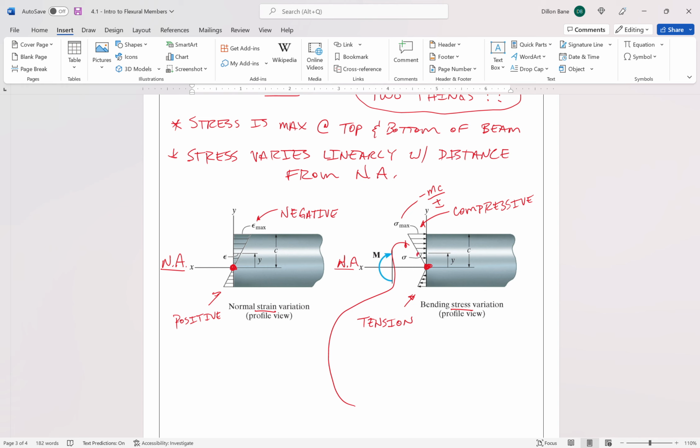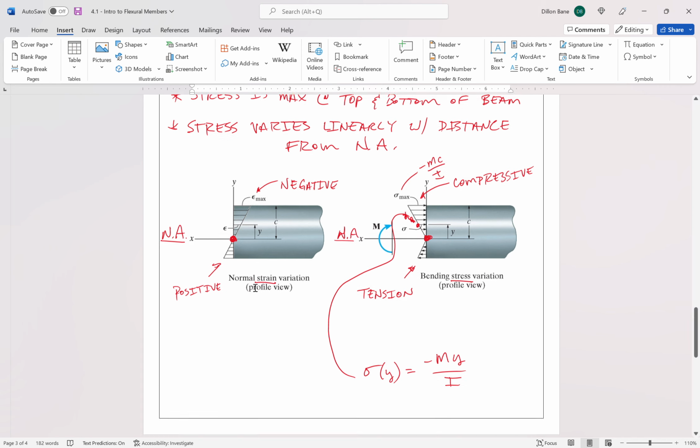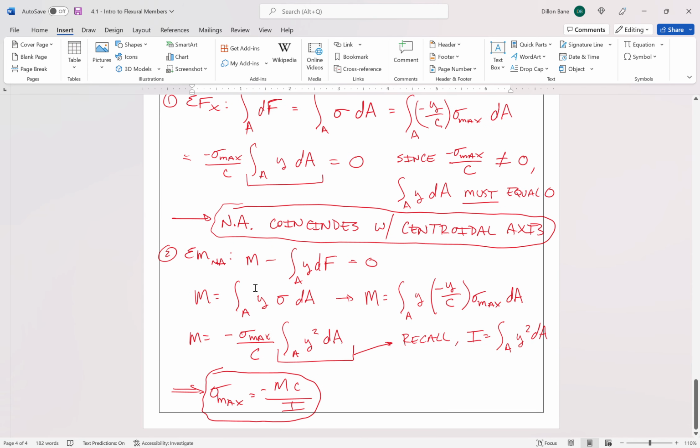So maybe at this point, sigma just becomes negative My over I. So Mc over I is the maximum, and if you wanted to know what the stress is at any point y from the neutral axis, you just plug in y instead of c, and you get negative My over I. So sigma at any point is equal to negative My over I.